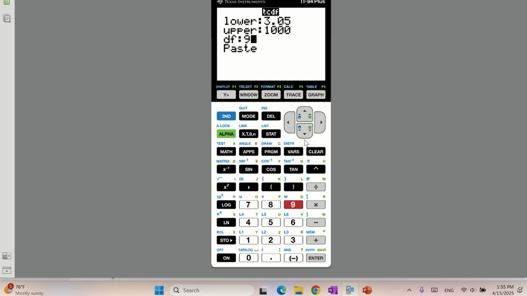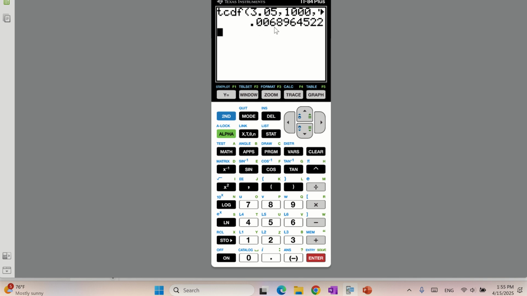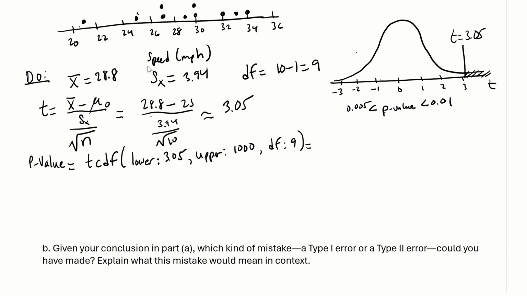That was 9. Okay, and enter. And so this is my p-value, 0.0069, we can round it. So our p-value is approximately 0.0069, which, lo and behold, is between 0.005 and 0.01. That's what we were saying.